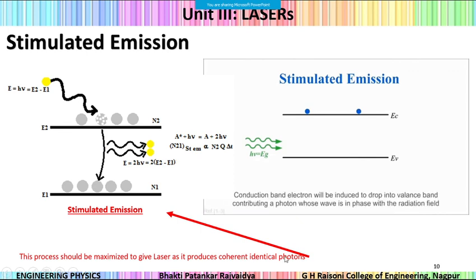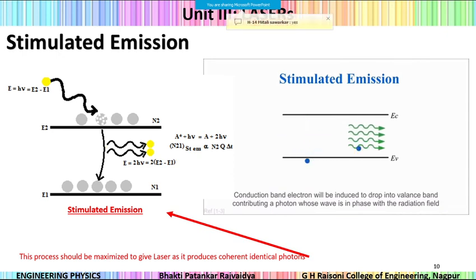Many times in the exam a question comes: explain the three quantum processes, okay, and which process is maximized to produce laser. So this is this process. Got it everyone? Have you understood all the three processes?